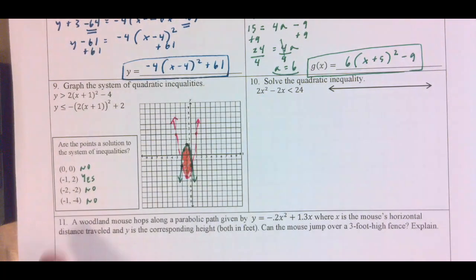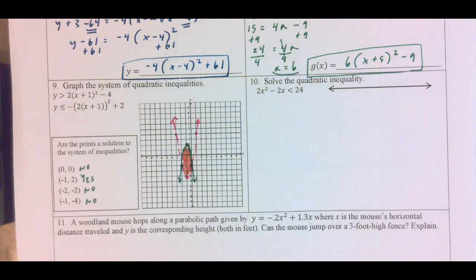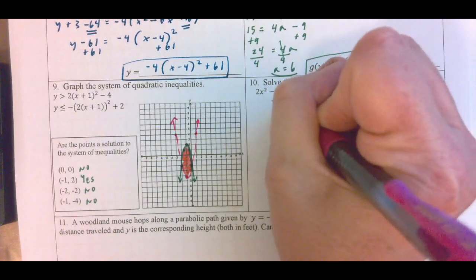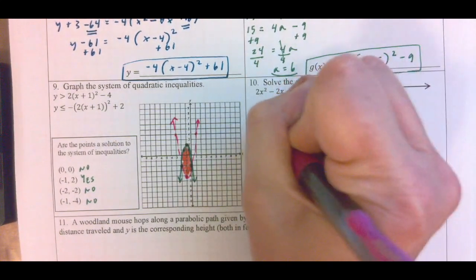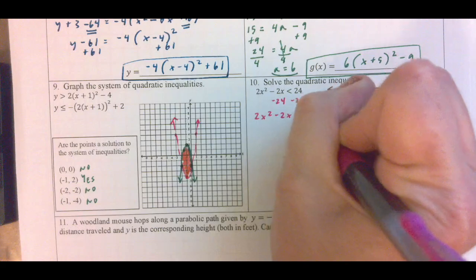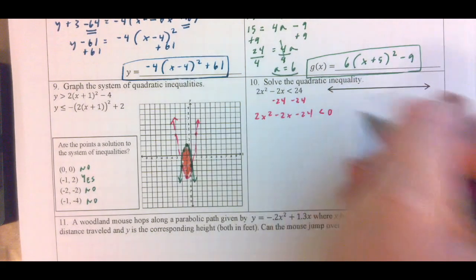All right, almost done. So solving a quadratic inequality. First I'm going to take away the 24 from each side, and then factor it. Pull out a GCF.